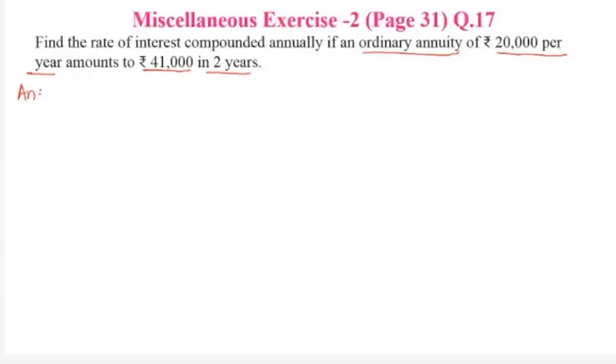So let's start with the answer. Given: C is equal to 20,000, A is equal to 41,000, and N equals 2.